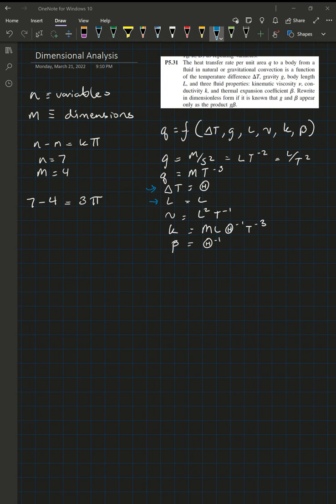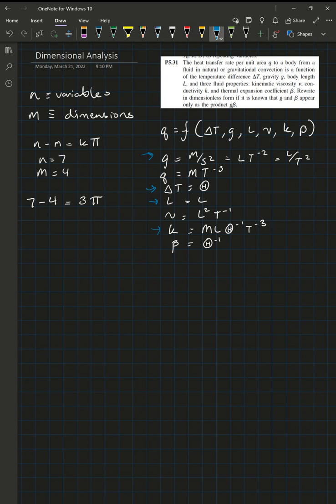I'm also going to pick G because that has time in it, length per unit of time squared. And then I still need to get mass, so I can choose Q or I can choose K. In this case, I'm going to choose K just because Q is dependent on the remaining variables, and that's purely my own choice.